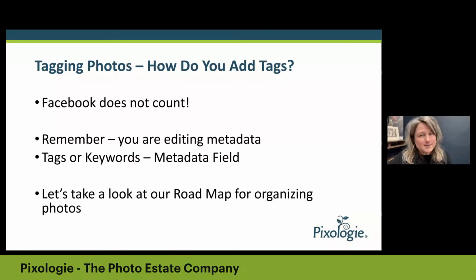It's a different step in our process for organizing photos. So before I dive into more about tagging photos, I want to show you our roadmap for organizing pictures. I also want to point out that tagging is not facial recognition. Tagging and facial recognition are two separate things.